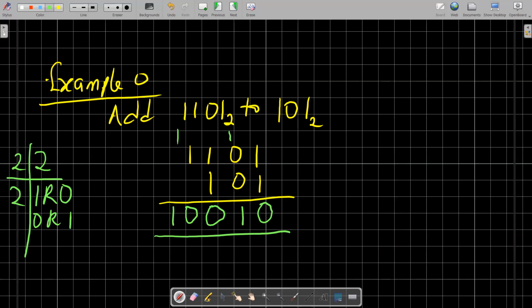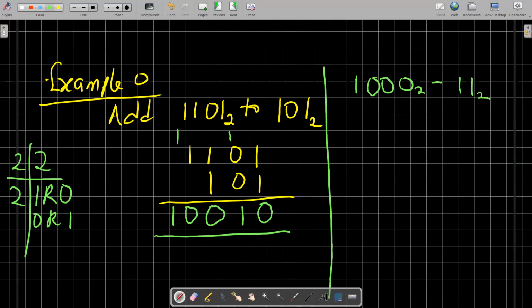Now, let's look at this. Suppose I ask you to carry out this operation: 100 base 2 minus 1 base 2.